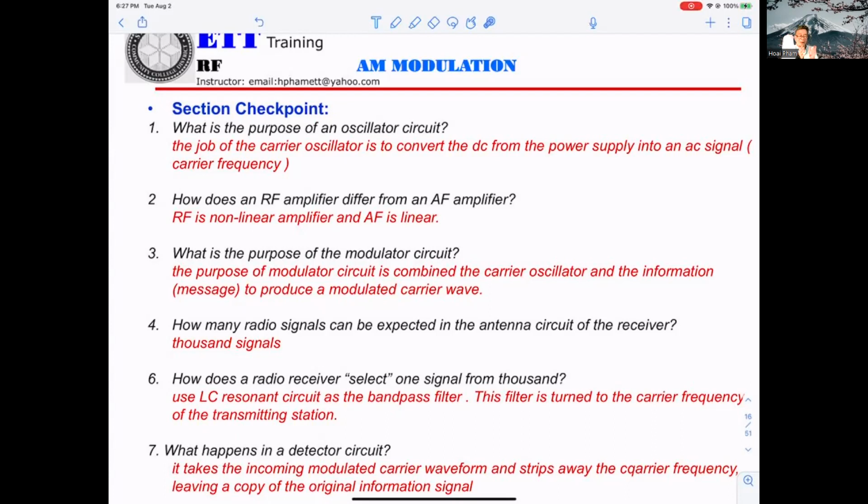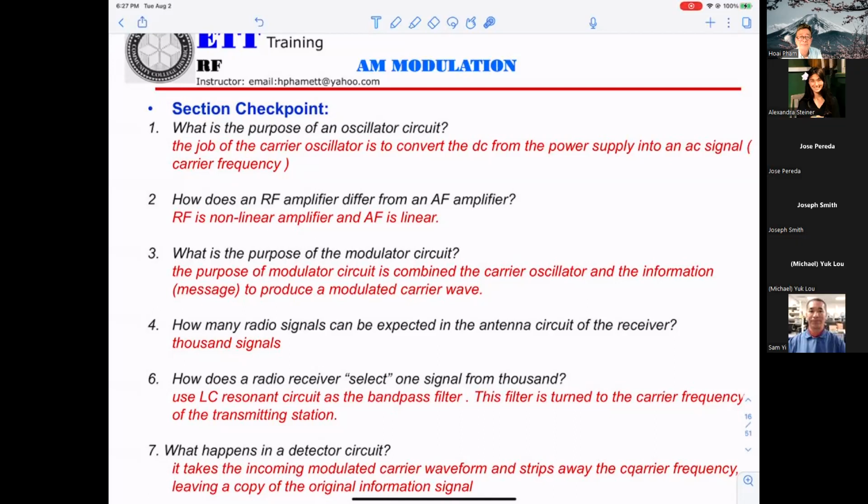Mr. Pham, what was the typo? The word carrier has an extra Q. It's just spelled wrong, but it's carrier. Okay, thank you. We said it's just a typo.